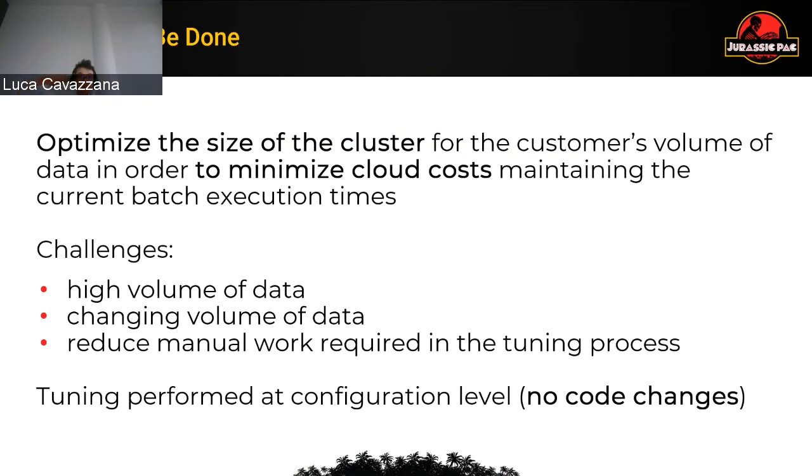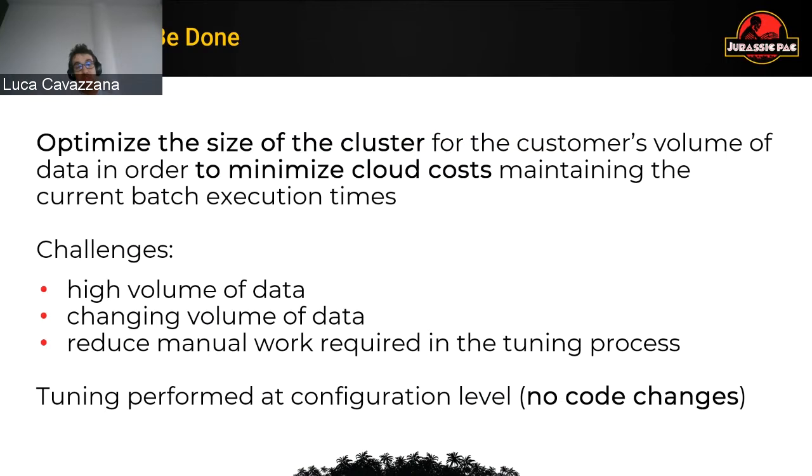The knobs we are going to operate on are, first of all, the size of the cluster, namely the number of instances, and also the size of the instances that take part in this cluster, and also finding the right Spark parameters that allow us to get the best performance, the best execution time, for the specific given cluster we are trying.